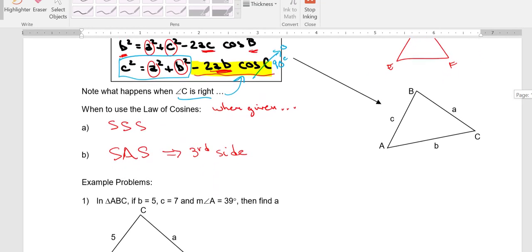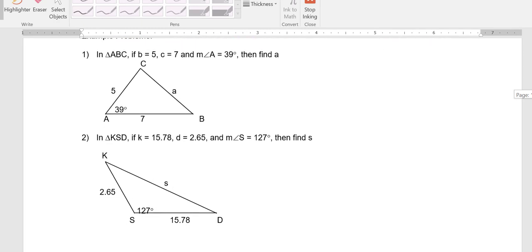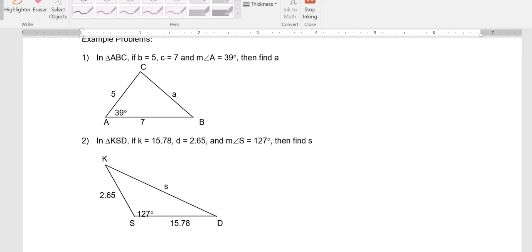So let's try this first problem here. And if you notice, we're given a side, an angle, and a side. So that tells me I should use the law of cosine. We're looking for the side that's opposite the angle.